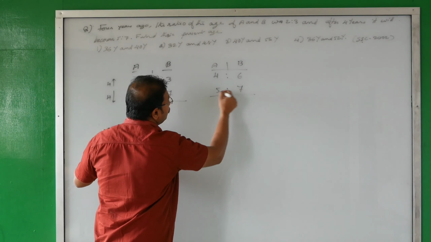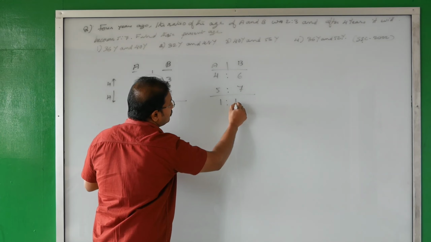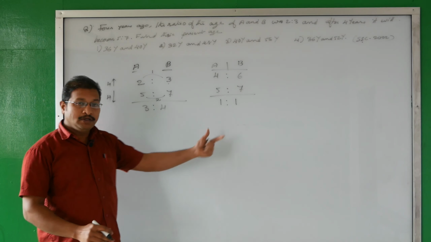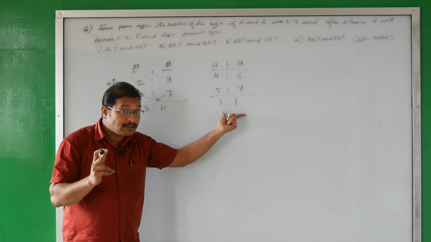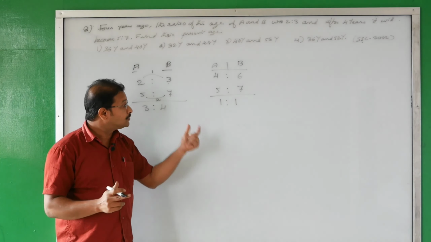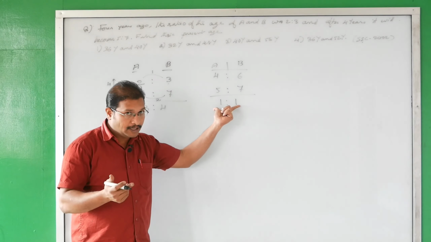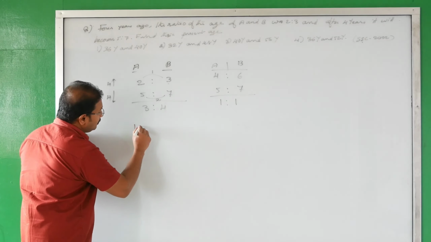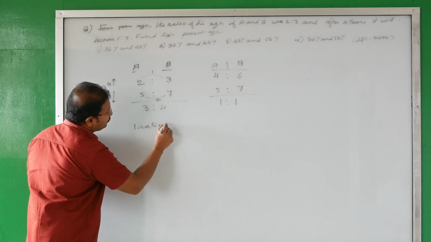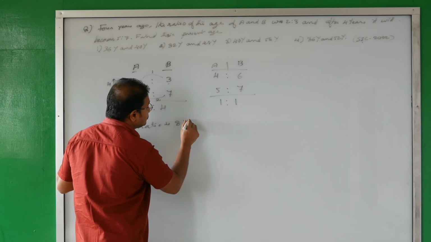Let's see the difference now. 5 minus 4, 1. 7 minus 6, 1. It's okay. So now the two ratios are the same, 1:1. That means 1 ratio is 4 plus 4, 8 years.